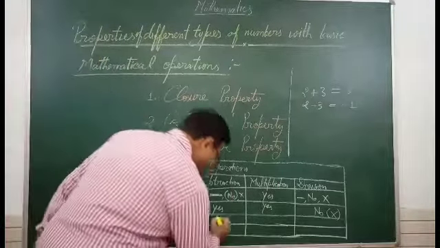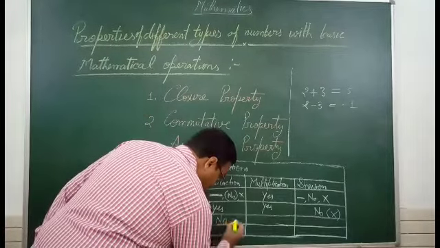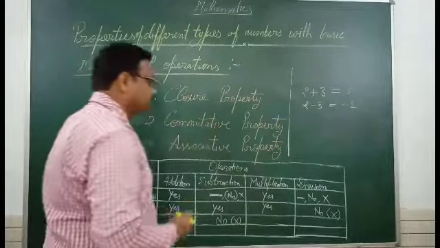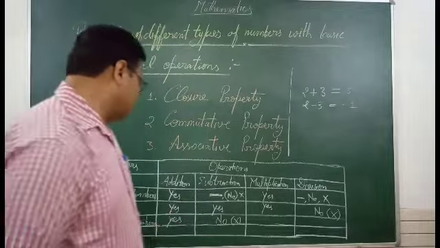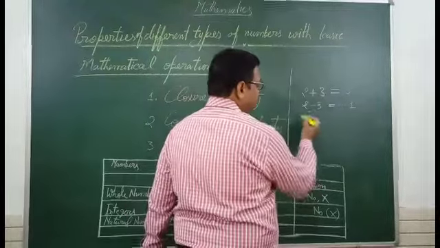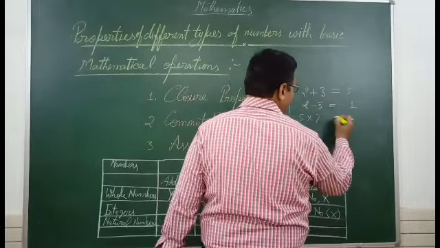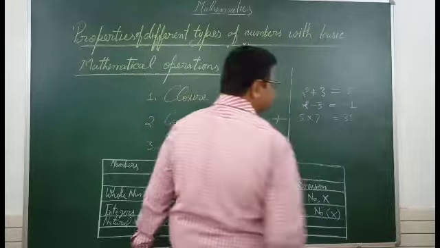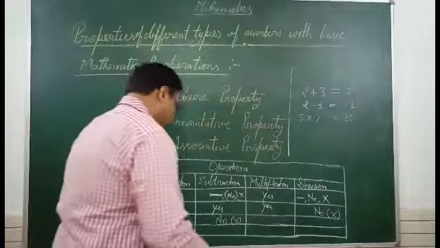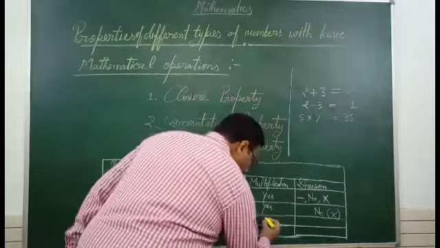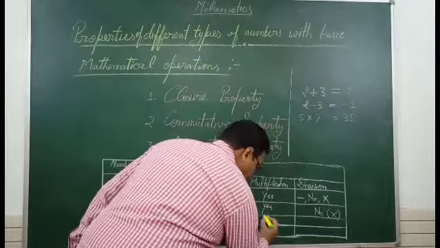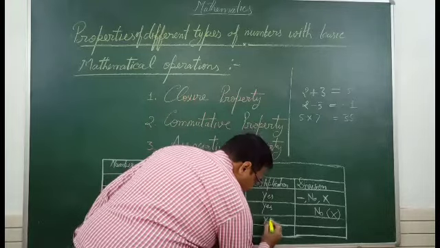So here you will put no, or a cross. In multiplication, for any natural numbers, let's suppose 5 into 7, it becomes 35, which is a natural number. So natural numbers are closed under multiplication, hence you will put yes here.